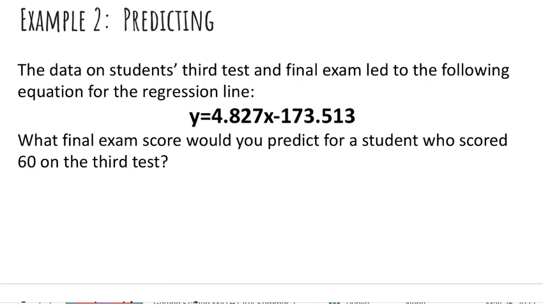Just recall real quick, X was the third exam score and Y is the final exam score. So why don't you pause the video and try to work this out, and then when you come back, we will talk about what the answer should be.